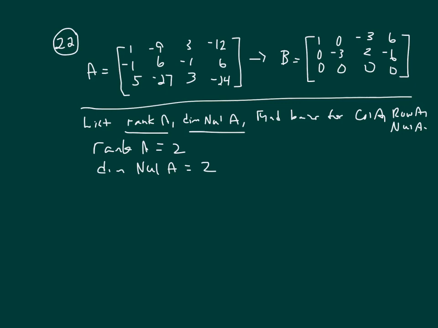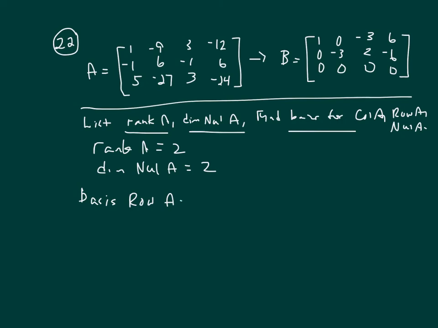Now, if we're asked to find a basis for the column space, the row space, and the null space, let's just start with the row space, which is basically just the set of all linearly independent rows of A. And to determine the basis for the row space, and we didn't spend time on this, but basically there's just a theorem that says the basis for the row space of A can be found when you reduce it, the rows that you have with leading ones.